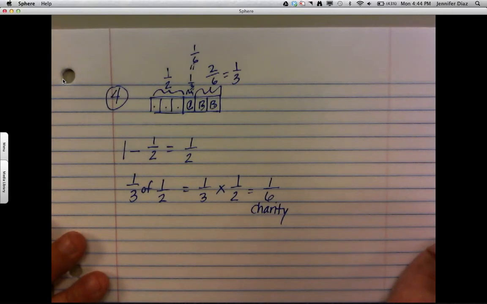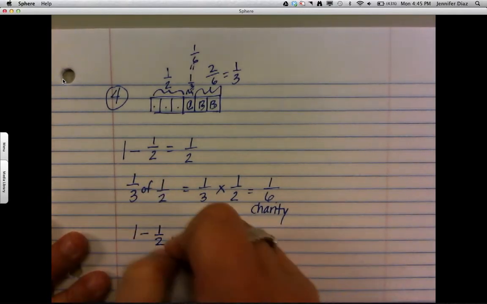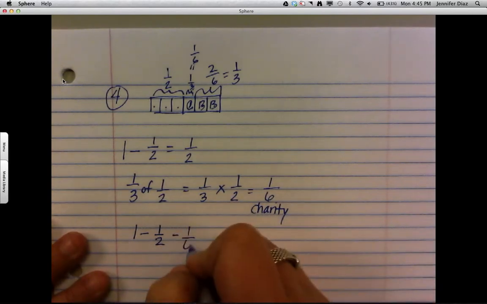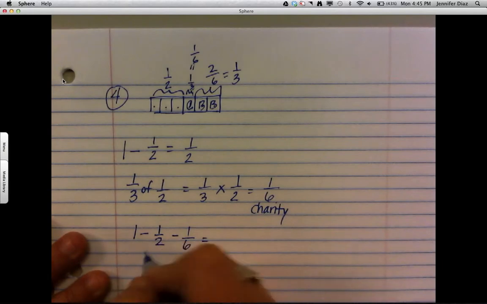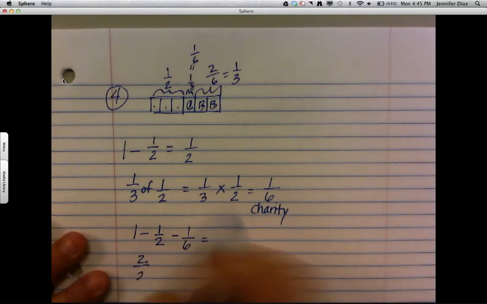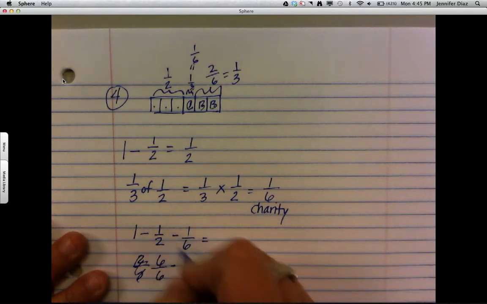But the problem actually says that he puts the rest in the bank. What fraction of his paycheck does he put in the bank? So you take his paycheck minus what he spent minus what he sent to charity. And that gives you 6 minus, and you have to put this in common denominators here.